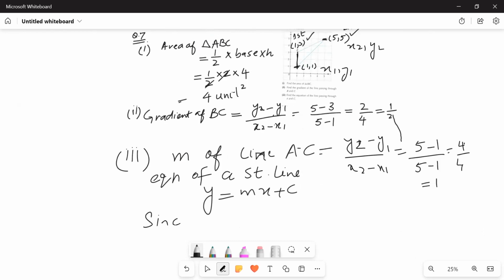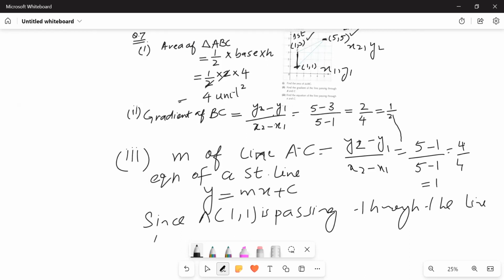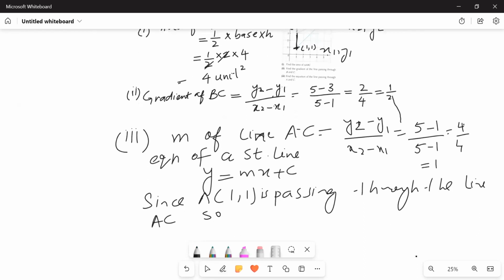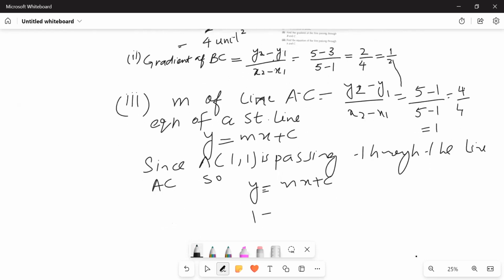The point 1, 1 passes through the line AC, so we put these values in the equation. y is 1, slope is 1, x is 1, and c.